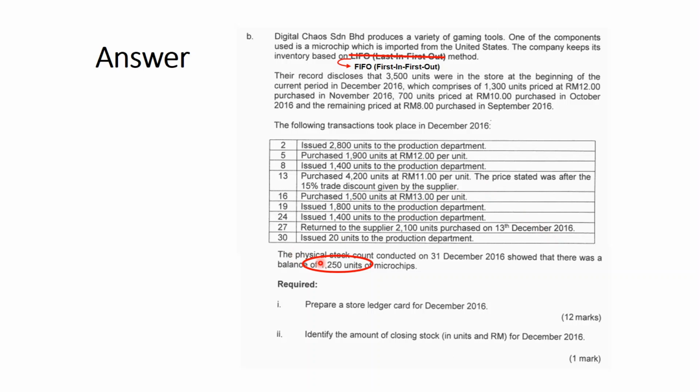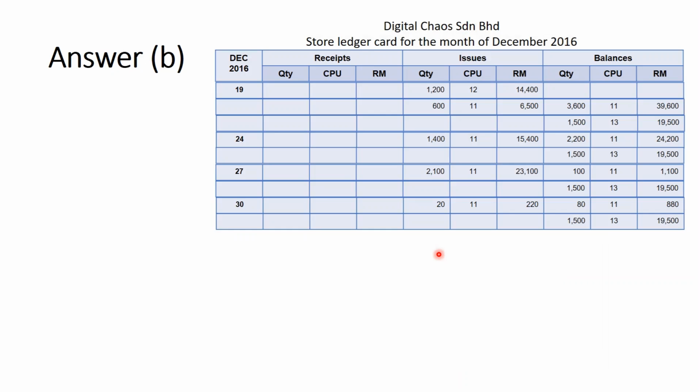And finally, the physical stock count conducted on 31st December 2016 showed that there was a balance of 1,250 units of microchips. So this is the balance based on the stock date, which is the closing balance. Okay, closing balance, which is 1,250.